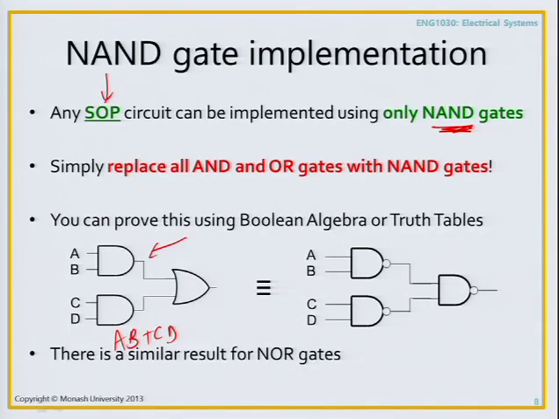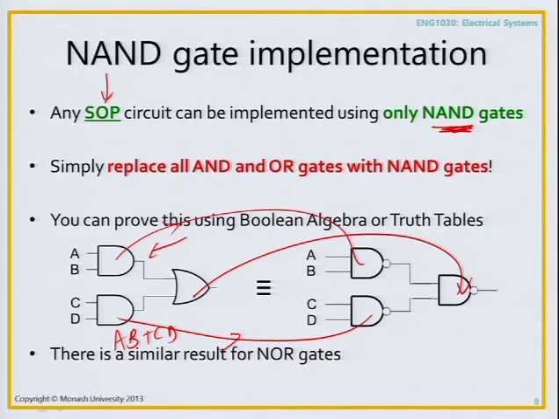All I have to do is replace each one of these gates with a NAND gate. So this is replaced with a NAND, that's replaced with a NAND, and that's replaced with a NAND. That's all you have to do to convert any sum of products circuit into a NAND gate implementation.